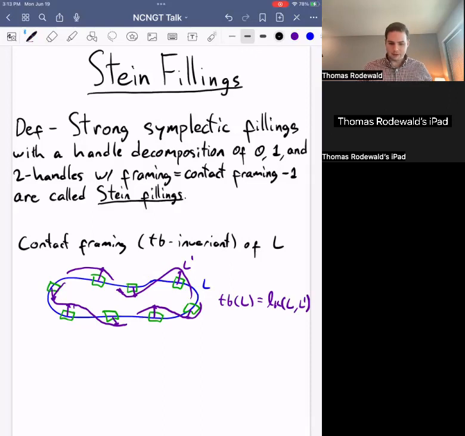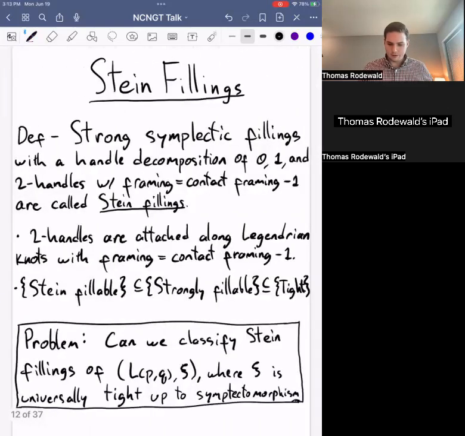So the point is that you are attaching the 2-handles along Legendrian knots whose framing is that contact framing minus 1. And so the way they're defined, Stein fillable contact structures are strongly fillable contact structures, and also strongly fillable contact structures are all tight contact structures.